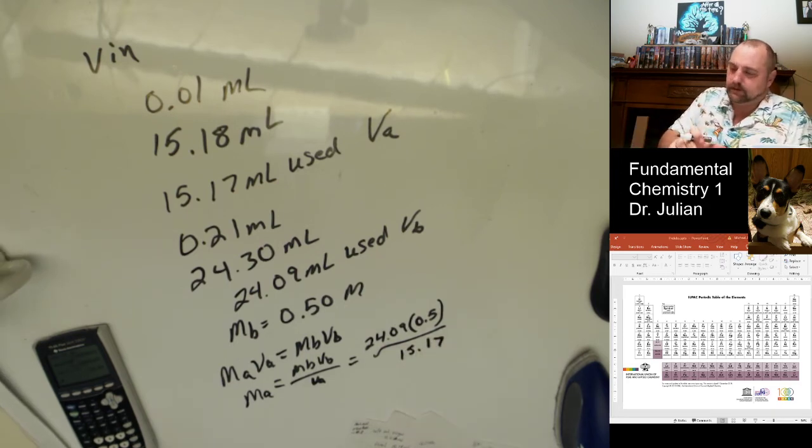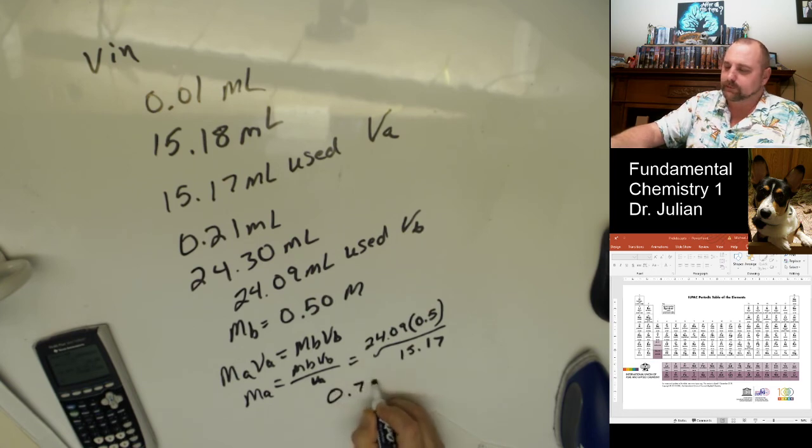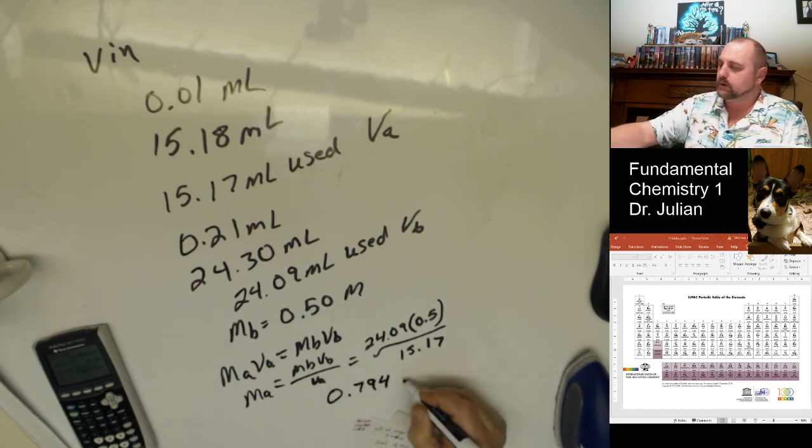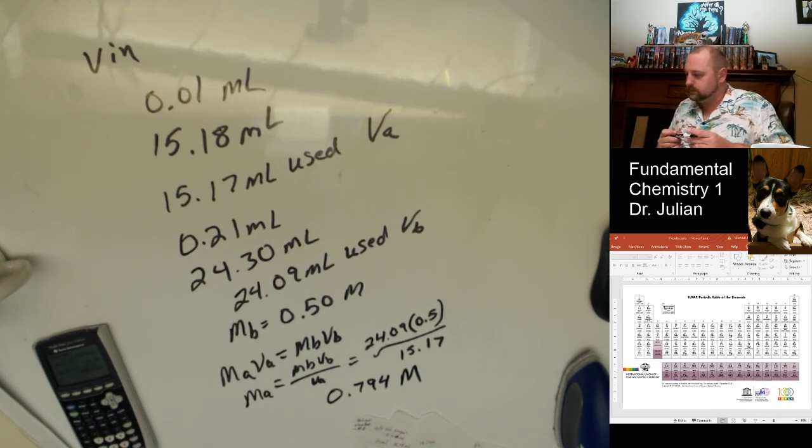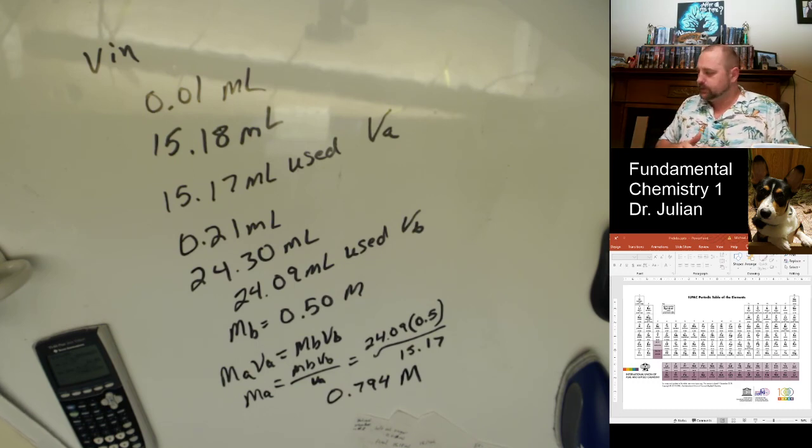Okay, 24.09 times 0.5 divided by 15.17. Now I got 0.794 molarity. And that's it. That's all there is to it.